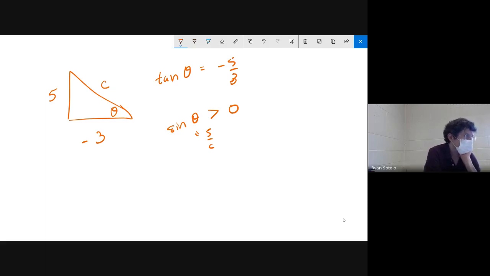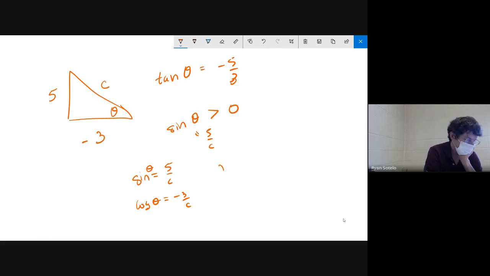So then I can figure out the other things. The sine is whatever 5 over c is. Cosine would be negative 3 over c. Tangent we already have.